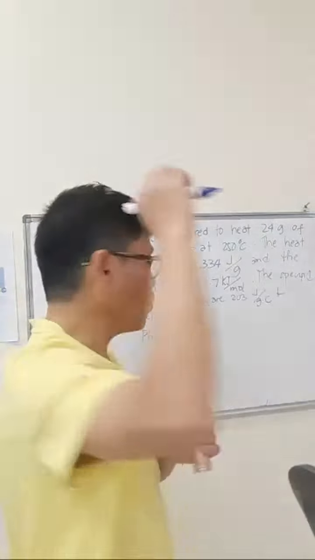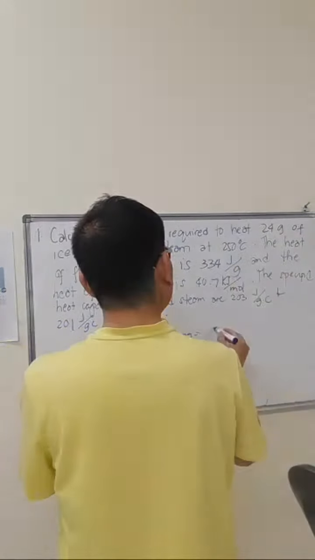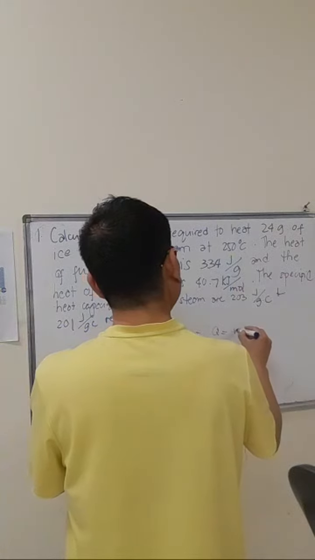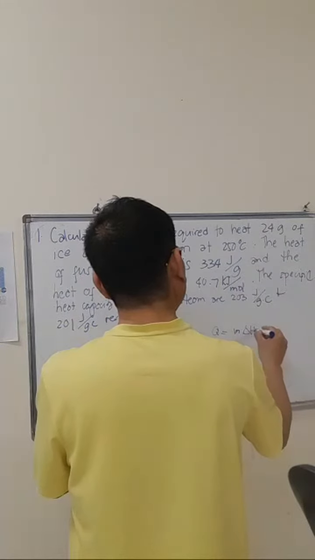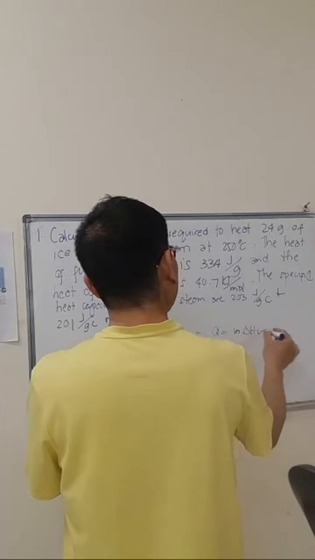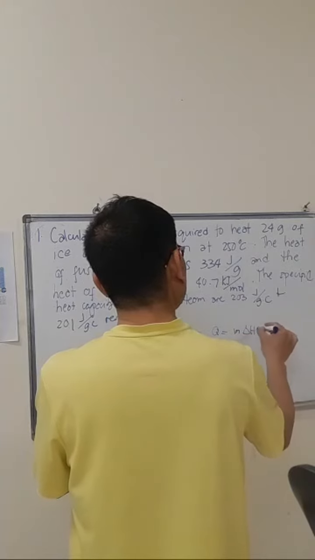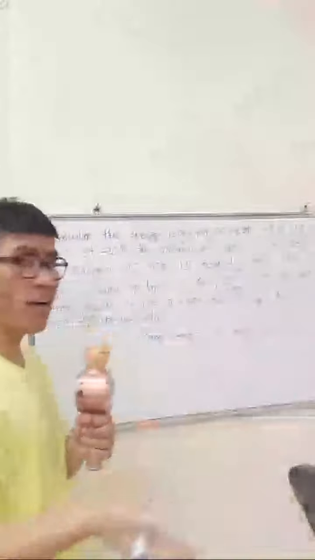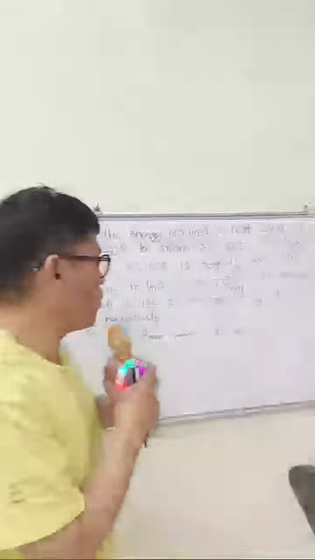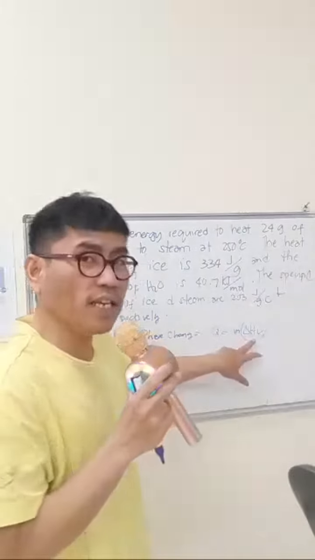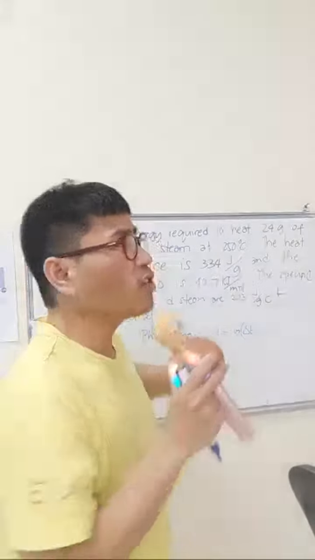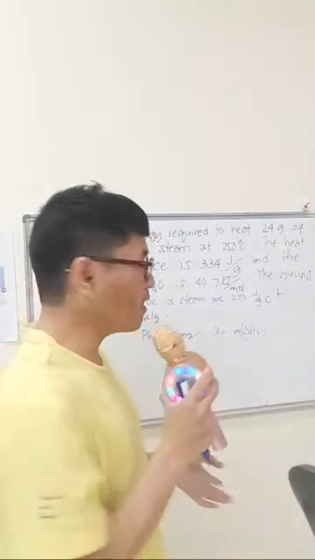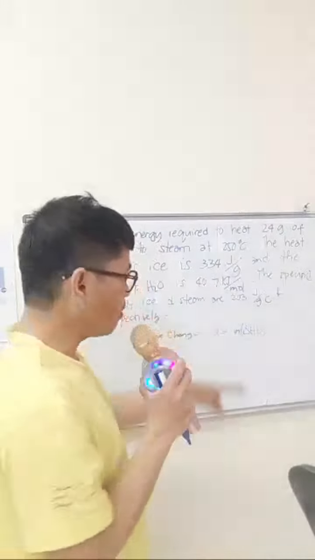So your Q here will be Q = n ΔHv, n ΔHf, or n ΔHs, depending on the phase change you encounter. For example, vaporization is ΔHv, where V stands for vaporization. If it is sublimation, then ΔHs times the mass.